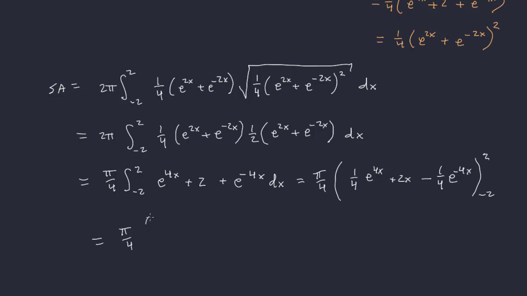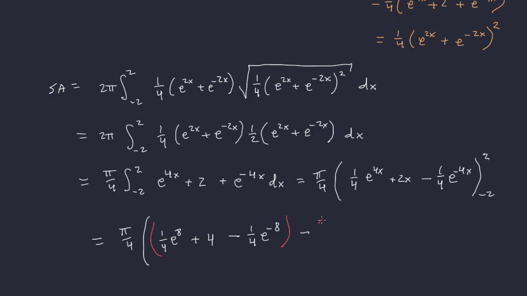I'm going to plug in the 2, so it'll be 1/4 e^8 plus 4 minus 1/4 e^(-8). So there's plugging in the 2. Now I'll subtract plugging in the negative 2.